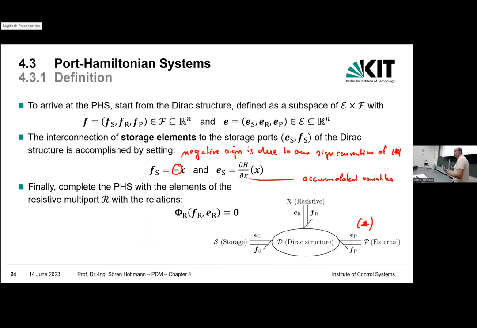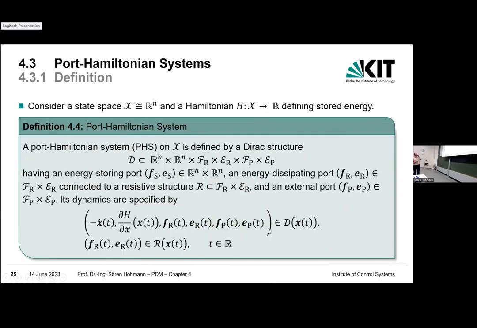So remember Ohm's law, I times R gives U. Well, there it's not nonlinear, it's linear, simple, but you can always write it down as R times I minus U is equal to 0. You might have more realistic scenarios where it's nonlinear. So again, there's something which relates F_R and E_R.